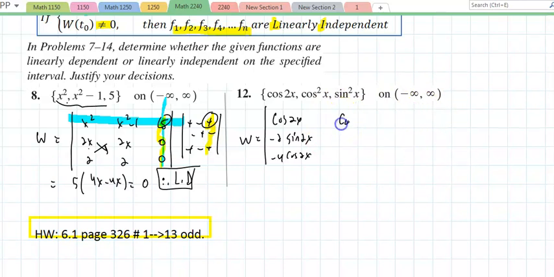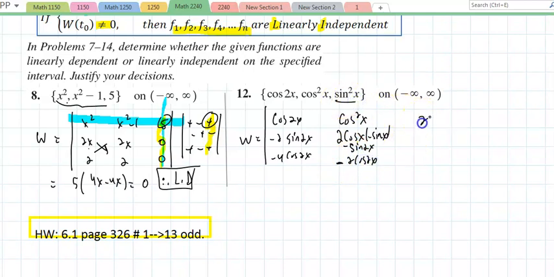So if I go by cosine squared of x, derivative of that will be twice the cosine of x times negative sine of x. Wouldn't you say that's negative the sine of 2x? And another derivative will be negative twice the cosine of 2x.